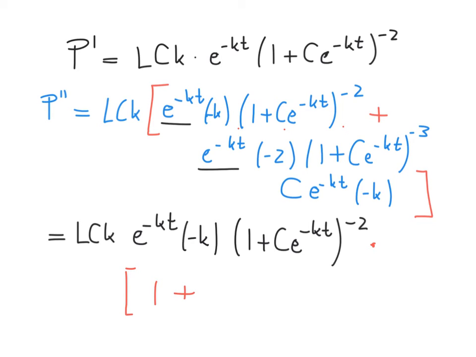Plus, and now let's see, we brought the e to the minus kt out, so we're left with minus 2. We're left with one instance of this parenthesis here, so 1 plus c times e to the minus kt to the minus 1, right?